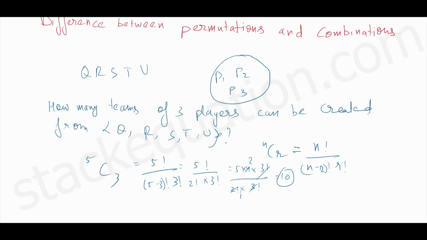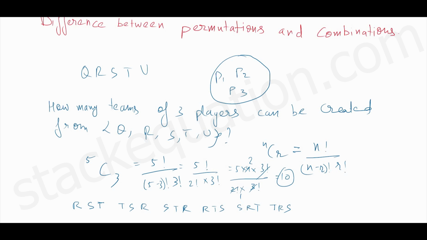Now, this count of 10, if we select R, S, T, okay, so R, S, T can be selected in various orders. That is, first R is selected, then S, then T. Or first T is selected, then S, then R. Or first S is selected, then T, then R, and so on, right?